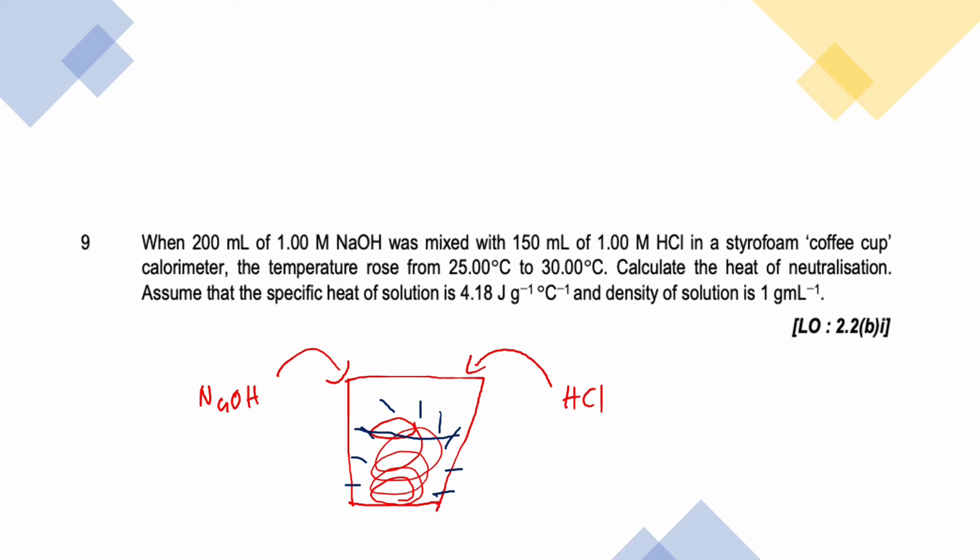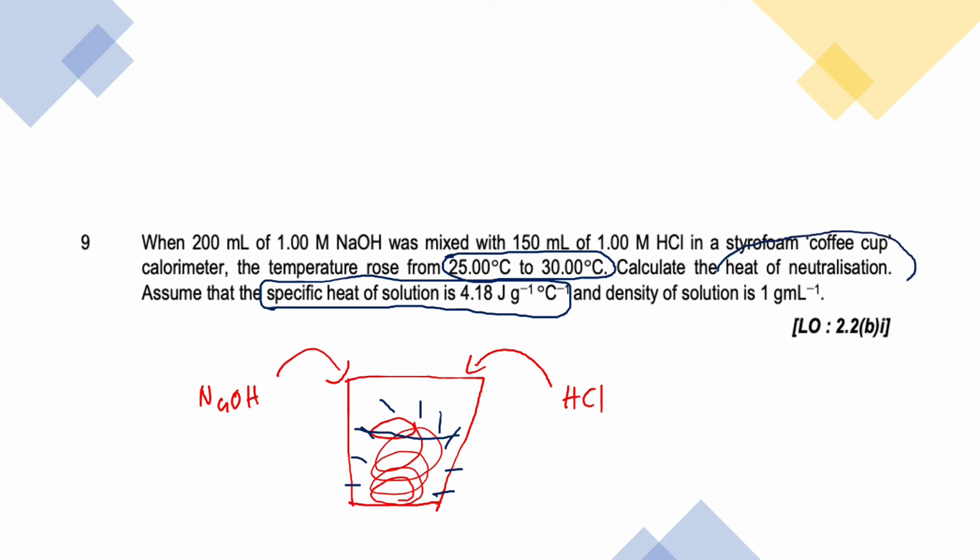Now, given here is only the specific heat of the solution, which is 4.1 joule per gram per Celsius, and the change of the temperature, which is from 25 degrees Celsius to 30 degrees Celsius. We need to calculate the heat of neutralization.